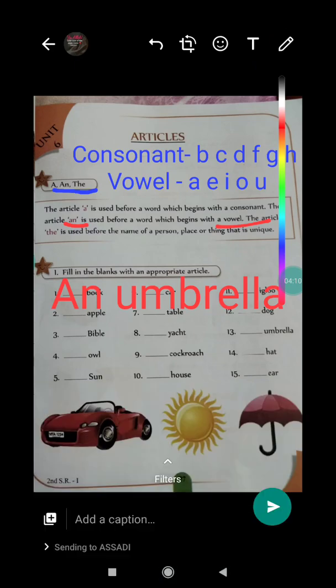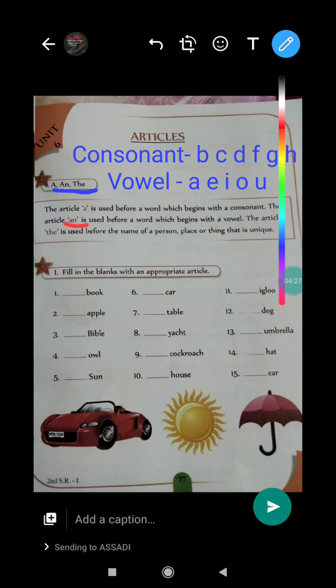Here umbrella is a word, and umbrella begins with U. U is what? Vowel. So before umbrella, which article will we use? We will use an. Okay, so we will use the article an before those words which begin with a vowel.